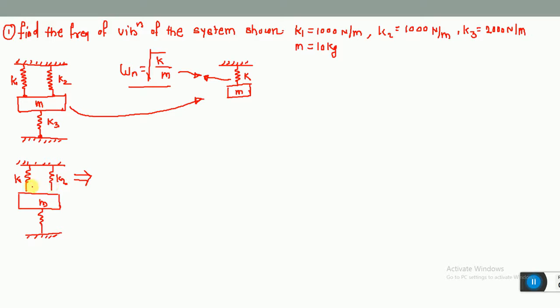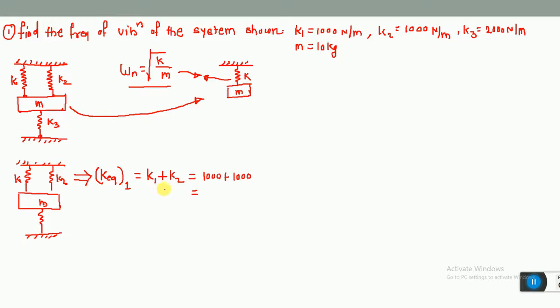So as K1 and K2 are parallel to each other, for the parallel springs we can find out the equivalent stiffness. So this K equivalent 1 is the equivalent of K1 and K2. Okay, so for the parallel arrangement we just add the 2 springs, that is K1 plus K2. So this value is 1000 and K2 is also 1000.